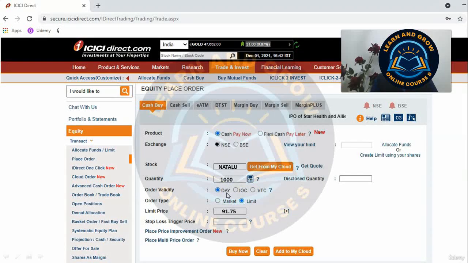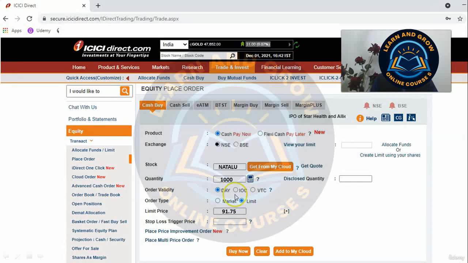That means my order will go to the exchange and it will remain in queue over there. As soon as somebody wants to sell at my limit price, or when the market price comes to this limit, then my order will get executed. Otherwise, at the end of the day, it will automatically expire if my limit does not come.